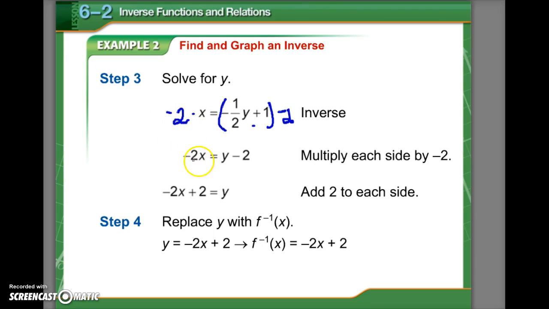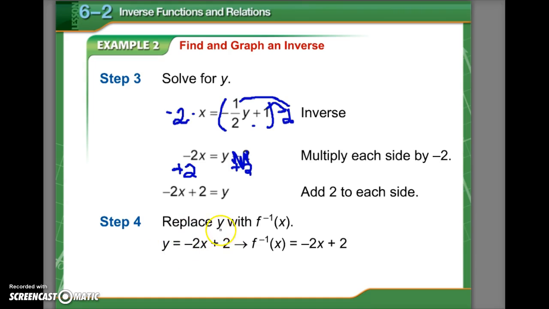So the left side becomes -2x, and then we're going to distribute this -2 over here. -2 times -1/2, that cancels to just 1, so we just have 1y. And then -2 times 1, that gives us the -2. And then we're going to add 2 to each side. These 2's cancel out, so we have y equals -2x plus 2, and so that is our inverse function.